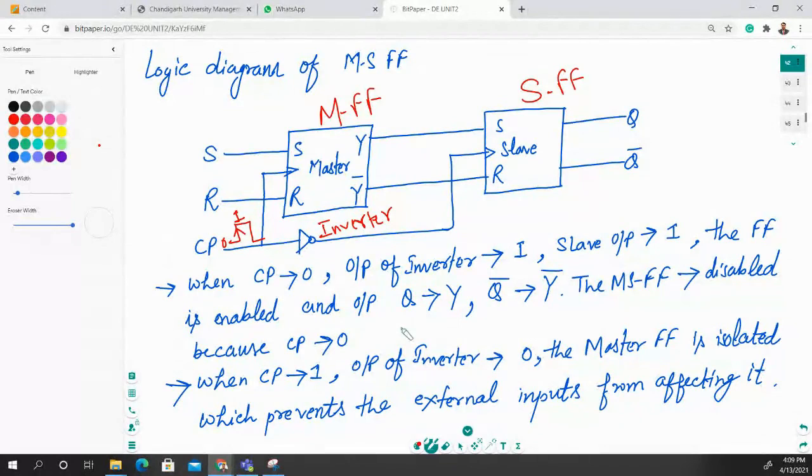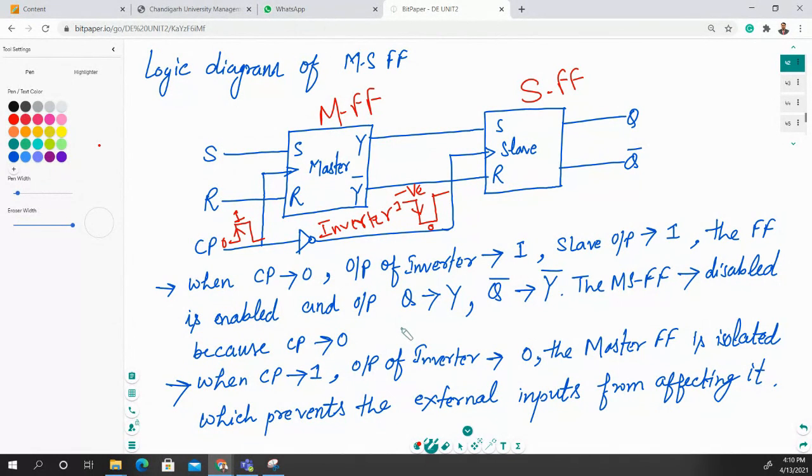This inverter is provided right here, so it will invert this input signal. When it is 0, it is converted to 1, and when it is 1, it is converted to 0. This signal is provided to the slave type of flip flop. So which type of signal is this? This is a negative trigger pulse, because the signal is changing from 1 to 0.